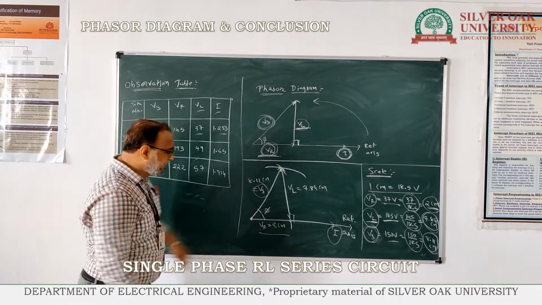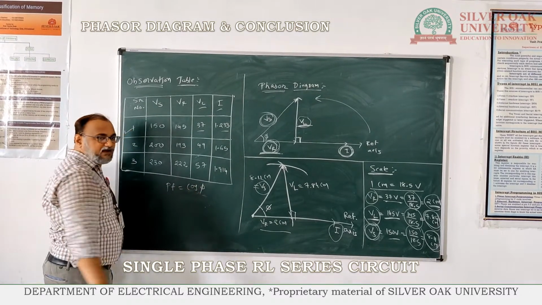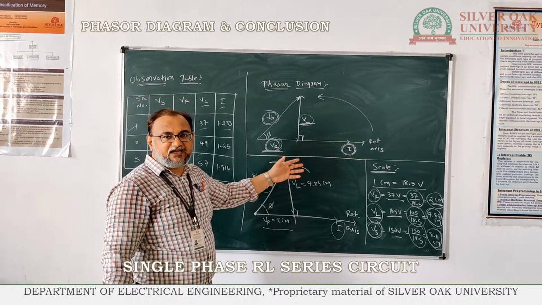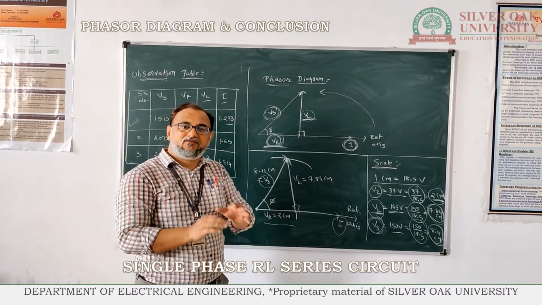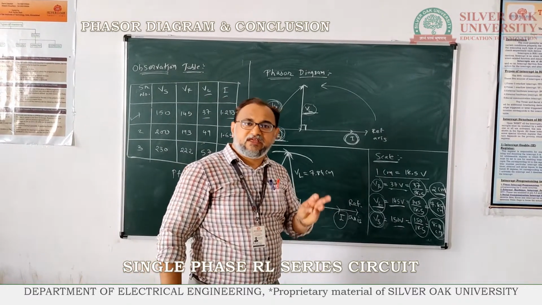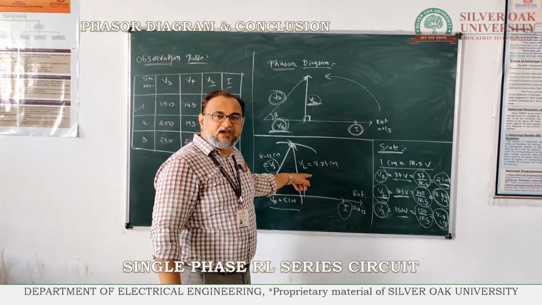From this phase angle you can find the power factor of the circuit, cos phi. So with the phasor diagram, we have completed the practical. We have found the value of resistance, inductive reactance, power factor, and lastly, we have completed the phasor diagram.